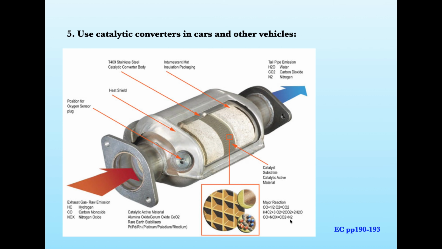And that all happens in the fraction of a second, in the blink of an eye. So what comes out is just water, carbon dioxide, and nitrogen. This is a catalytic converter. It's a catalyst that changes nasty gases to the less nasty gases. Right, read the pages and answer the questions.